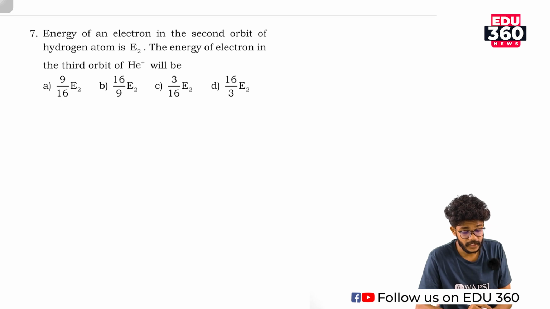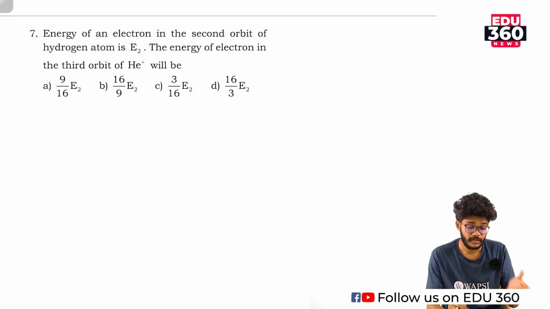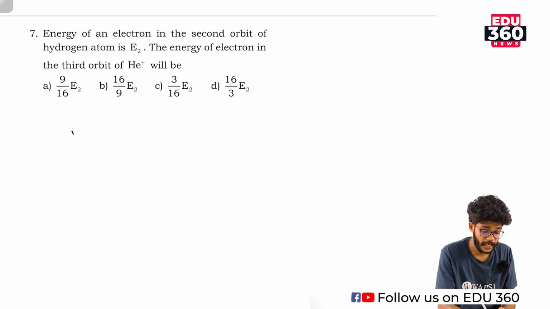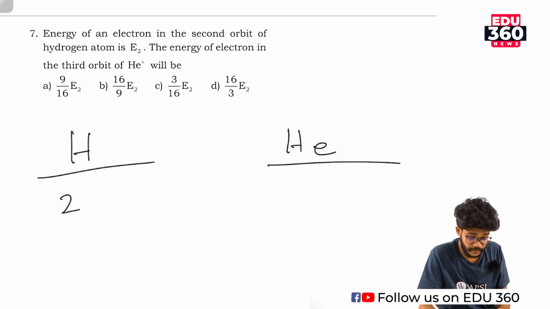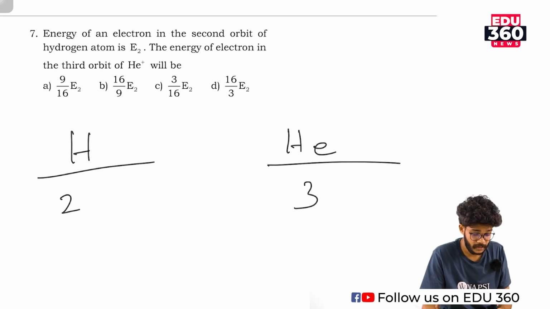The energy of an electron in the second orbit of a hydrogen atom is E2. The energy of an electron in the third orbit of helium plus is asked. So for hydrogen the orbit is second, and for helium the orbit is third.